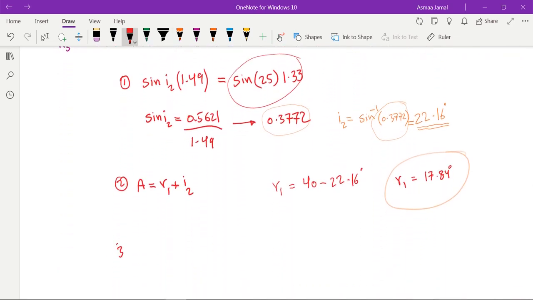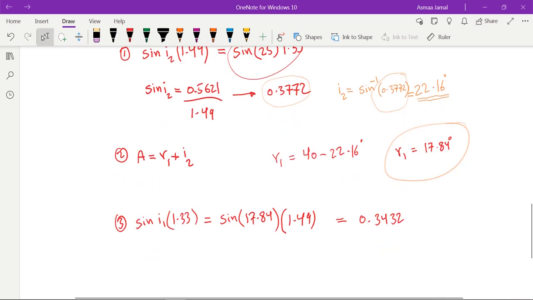And that's the third step. We say the sine of the first incident ray multiplied by the refractive index, which is here the water, 1.33, equals the sine of 17.84 multiplied by the refractive index of the prism, 1.49. And the result is 0.3432.